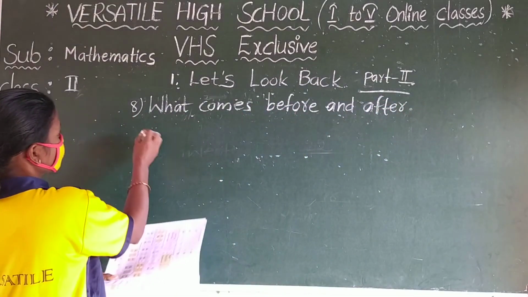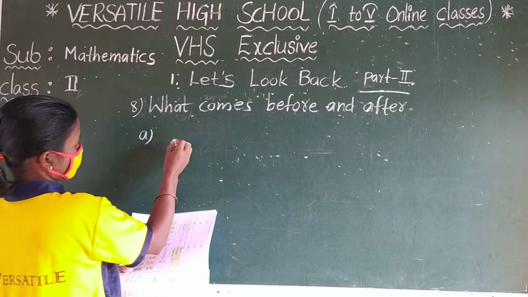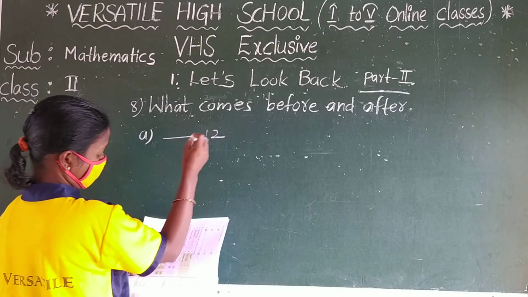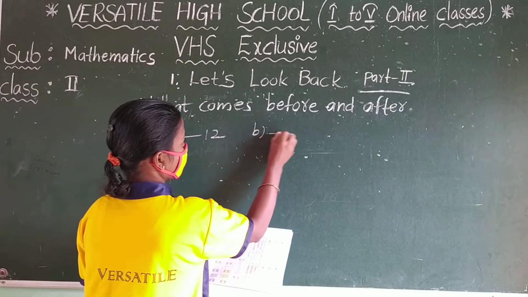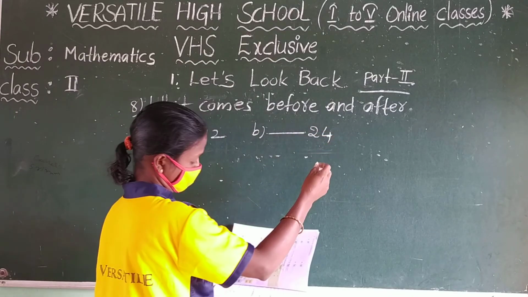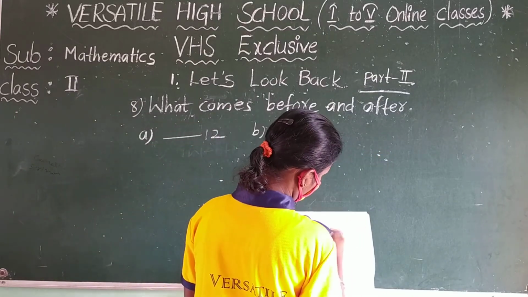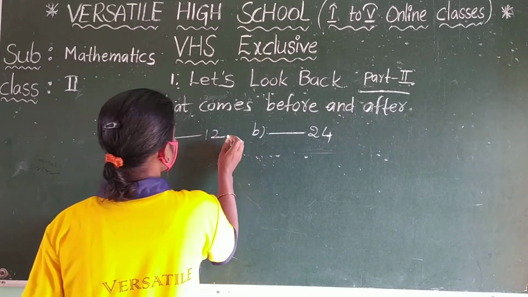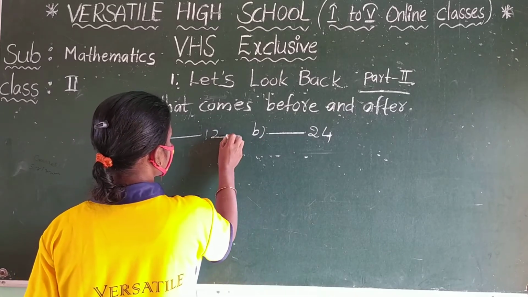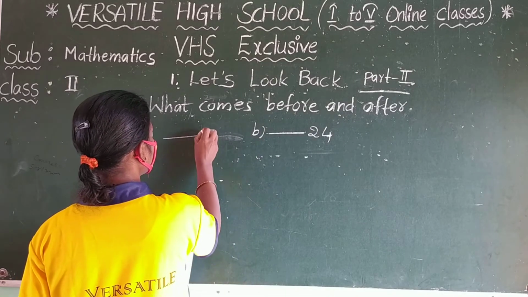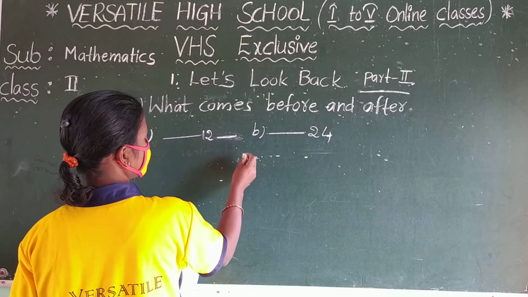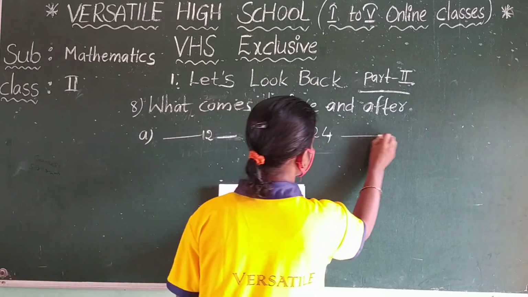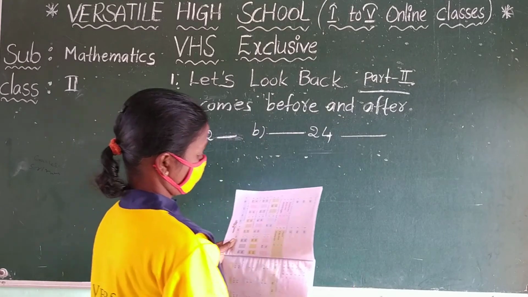So first one, A dash 12, B dash 24. Here observe that A dash, here dash. B question dash dash. Before and after.